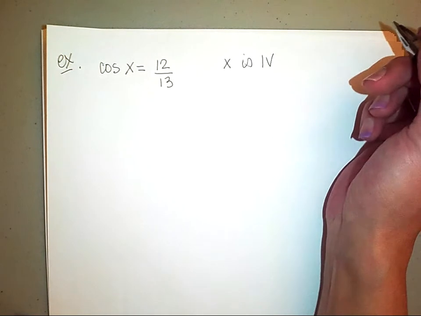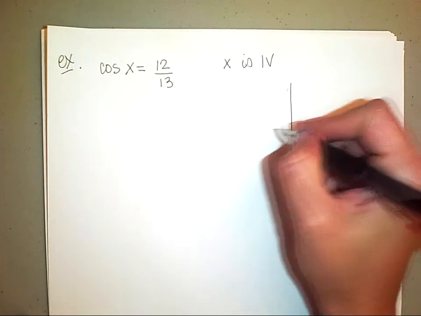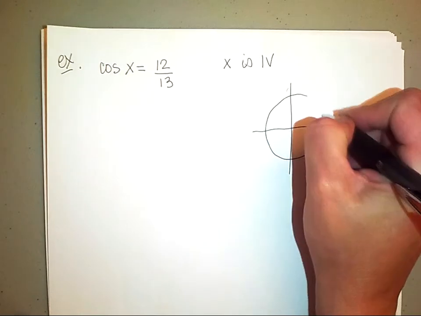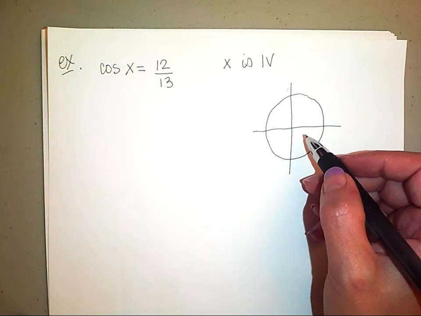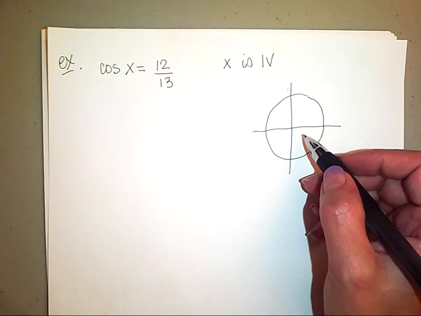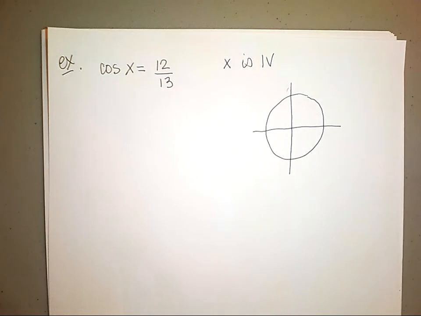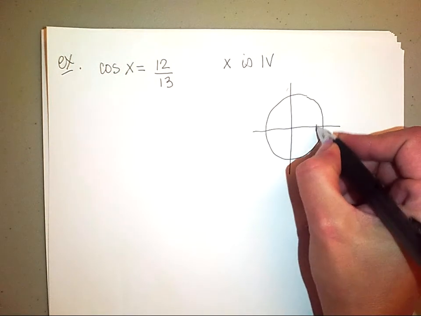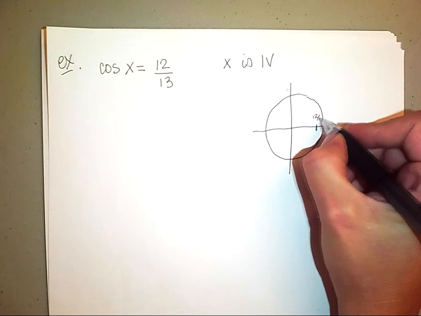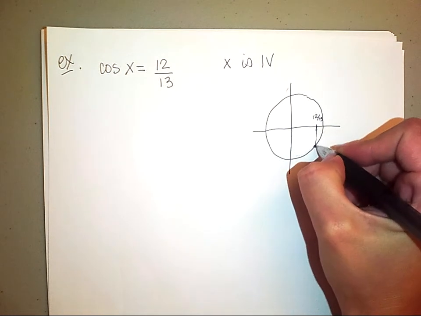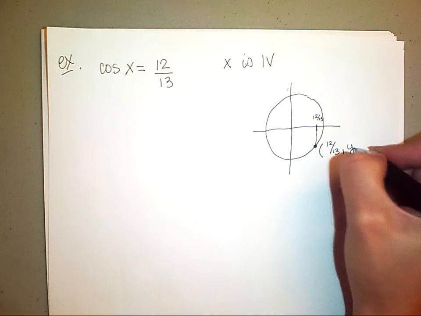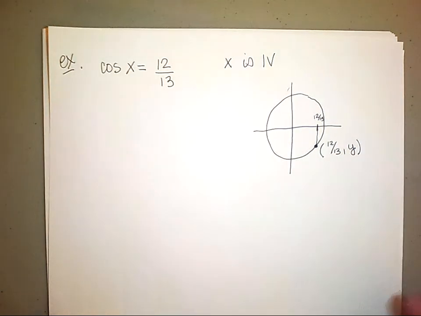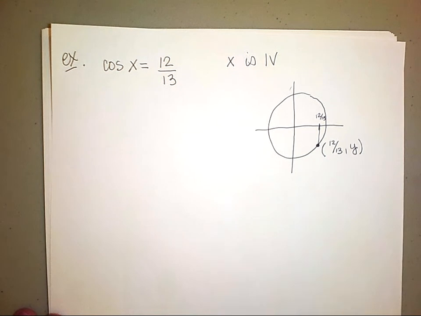So if I was to sketch that on a unit circle, if I'm in quadrant 4, then the cosine would come out here to about 12 over 13. And so I would get to some point (12/13, y). I don't know what it is because it's not on one of our known angles on the unit circle.